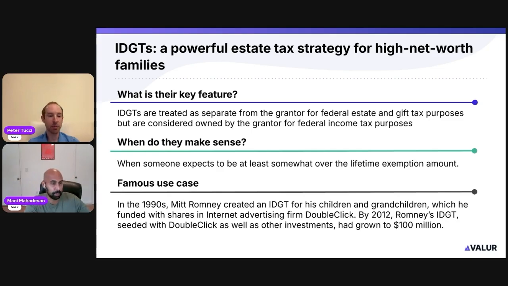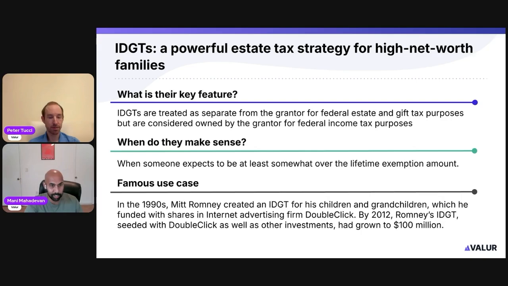Yeah, we can jump into that now. I think the most salient point to call out here is the reason you use an IDGT versus a non-grantor trust. One of the most common distinctions is that you're going to use both if you're over the lifetime gift exemption. But the more you are over the lifetime gift exemption, the more powerful an IDGT can be in minimizing estate taxes over time. Yeah.